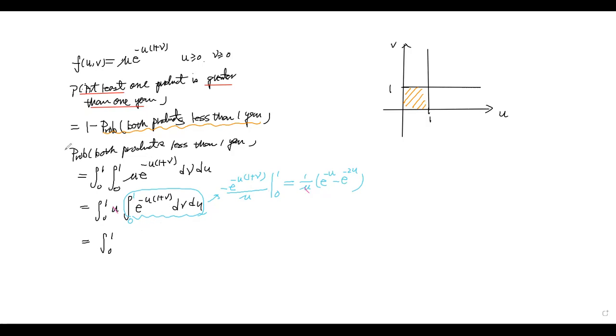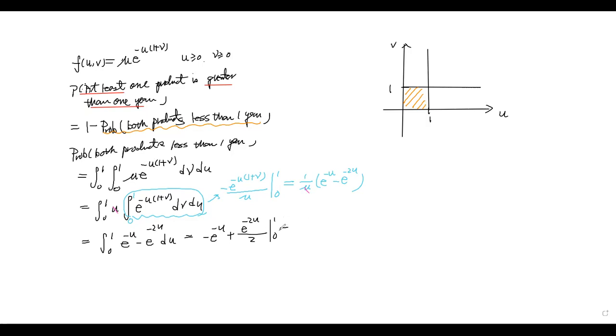So we have the integral from 0 to 1 of e^(-u) minus e^(-2u) du. This integration is pretty easy: it's negative e^(-u) plus 1/2 e^(-2u), integrated from 0 to 1.